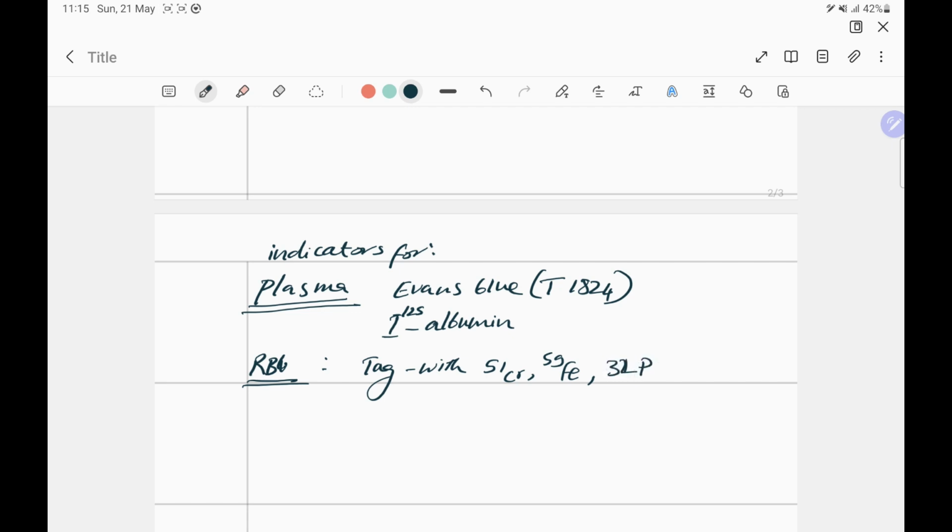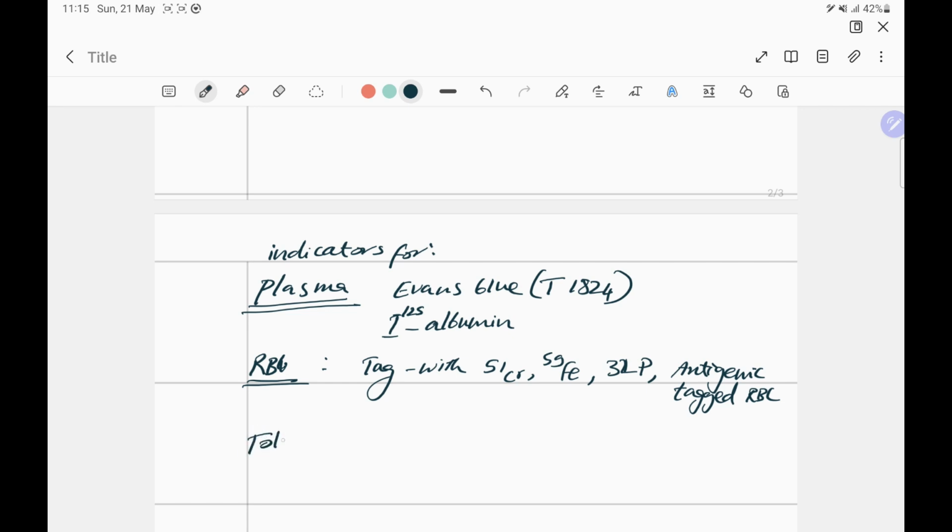So if I do this, or even with certain antigens, I can inject a few red cells into your blood, but these red cells are a little different, and then as they mix with your blood, I take a little blood sample and I get your red cell volume, and that is easily calculated from this. So antigenic tagging is one more thing. Tag RBCs. So the machine can later take the diluted sample and see the change in concentration that exists.